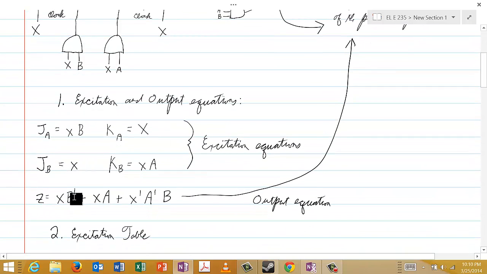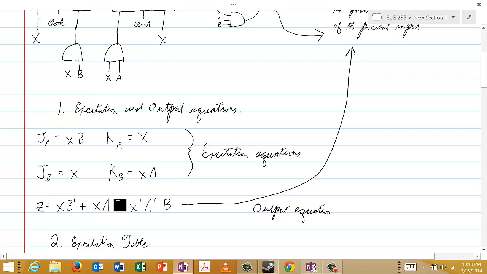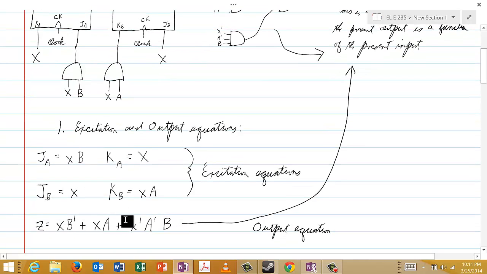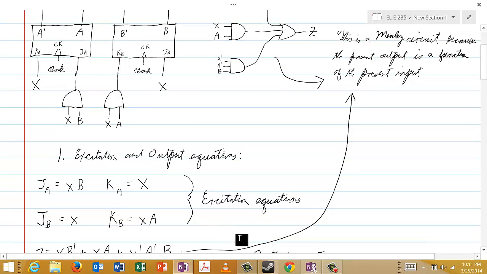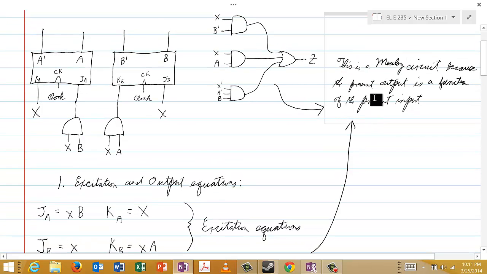Z is equal to XB prime, or XA, or X prime A prime B. And again, this equation makes very clear the present value of Z, the present value of the output, depends on the present value of the input X. So again, we have this arrow pointing here to this statement that this is a Mealy circuit because the present output is a function of the present input.